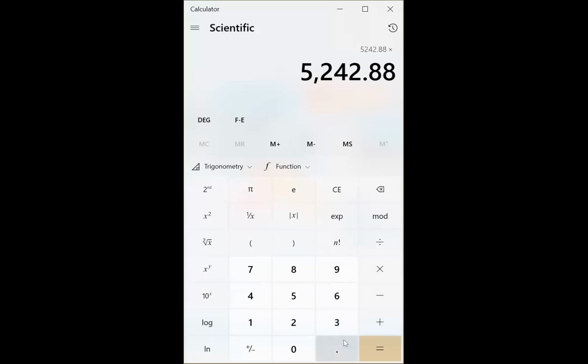Let's keep multiplying. It's 3, 4, and so on, 5, 6, 7, almost there. It's kind of slowing down. Oh, almost there.